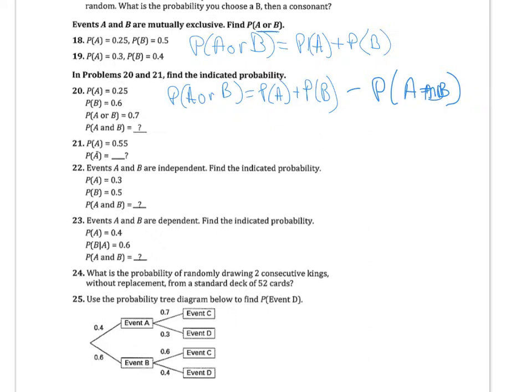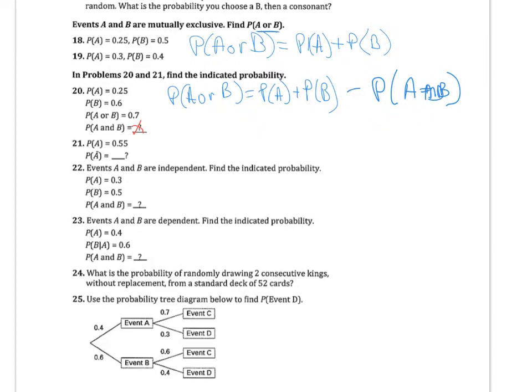For example, number 20, they give you probability of A, so that would go here, plus B, which would go here. So add those two together. Then we're going to subtract A and B, but we don't know that. So that's why it is called X. Okay, and they give you 0.7 as A or B, so put that in here. So basically you're solving for X, which is this part right here.